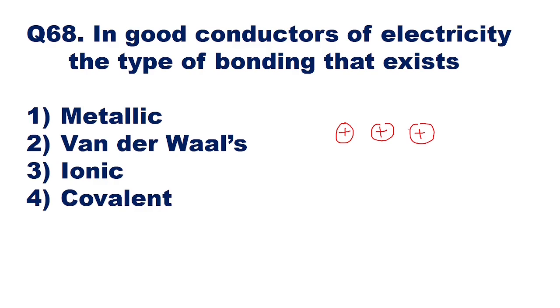Now these positive ions are surrounded by mobile electrons which can move. They are attached to their origin atom, but they can move. They are movable electrons. These are your valence electrons which can move.